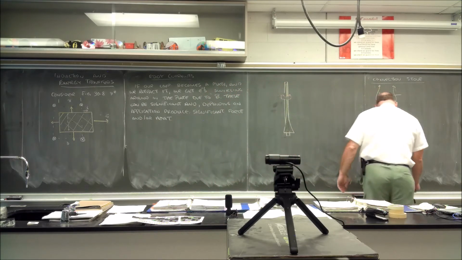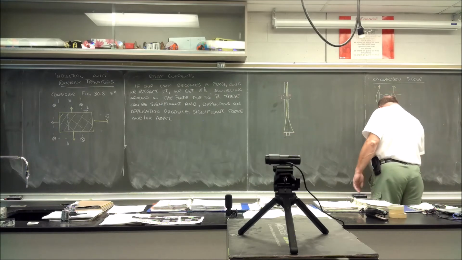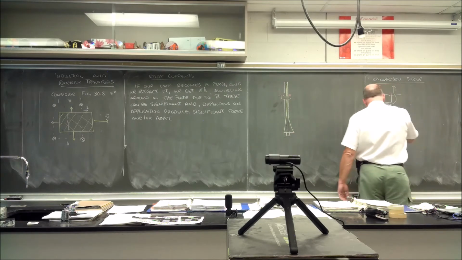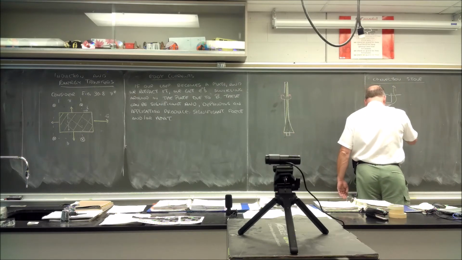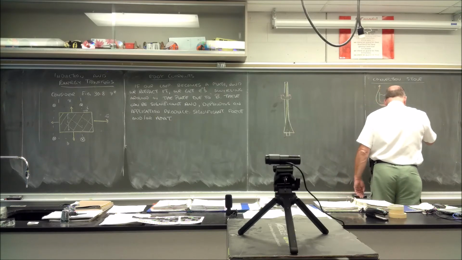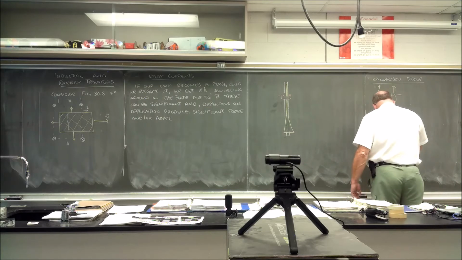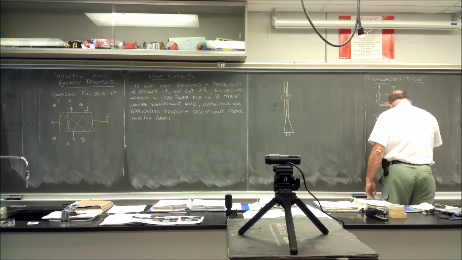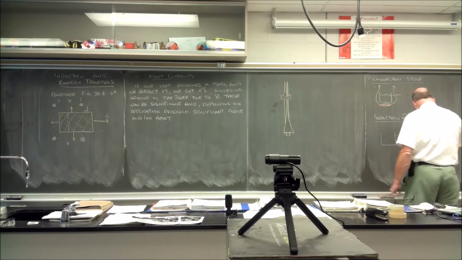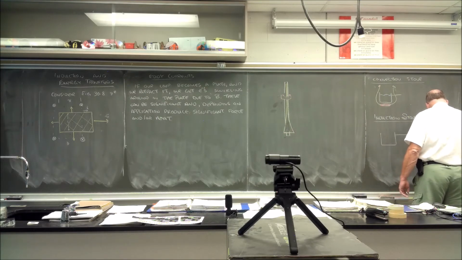If we use an induction stove, and we use it properly, which is another discussion, now we take a pot like this one, and this must be ferromagnetic. So no aluminum.